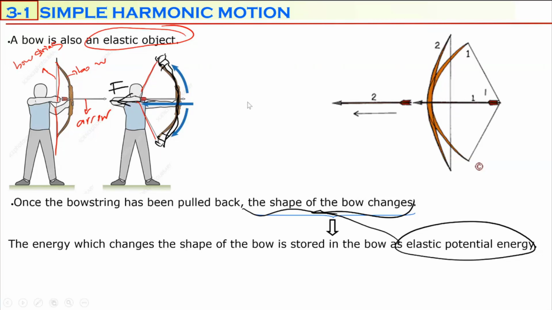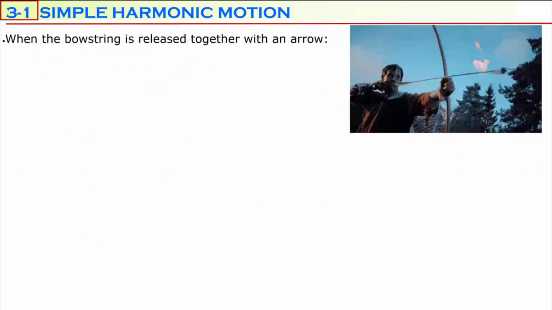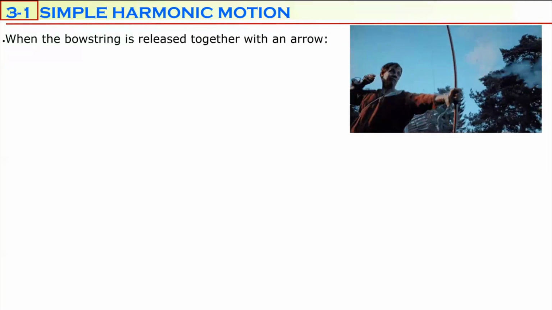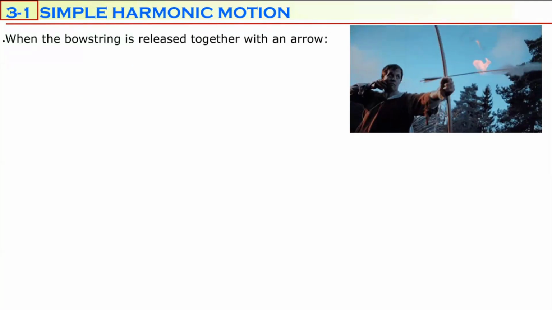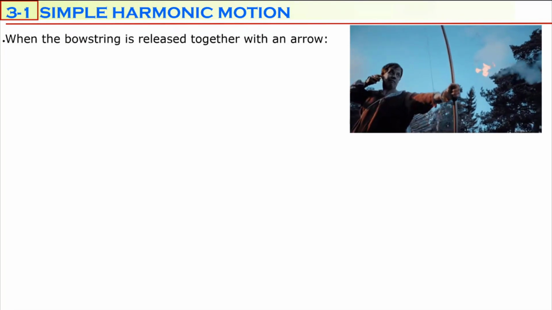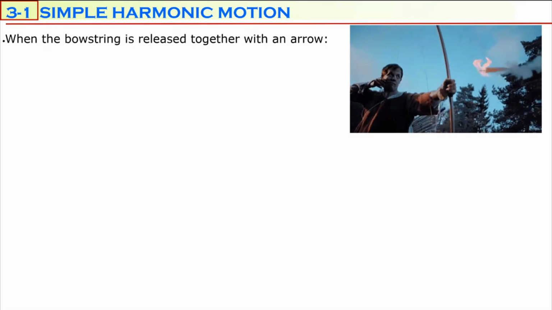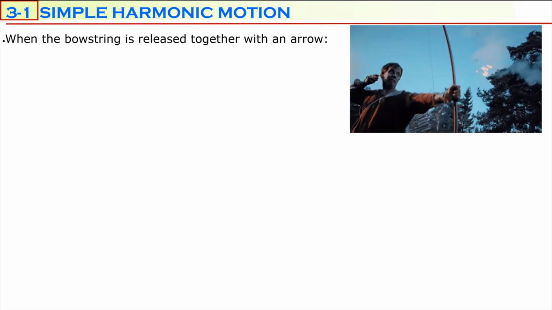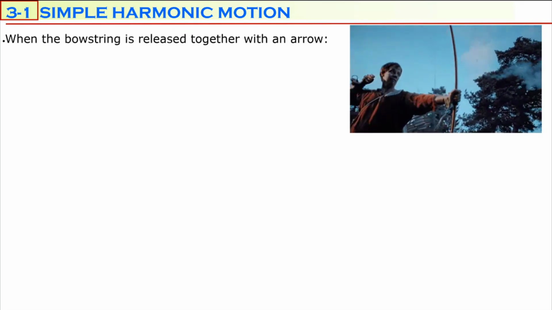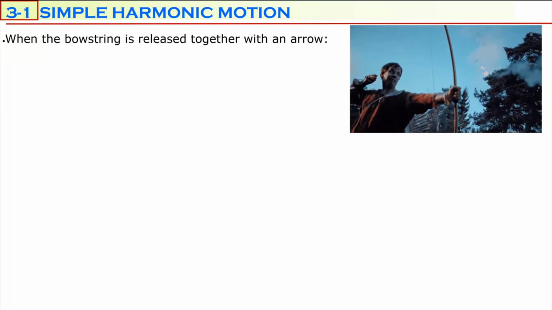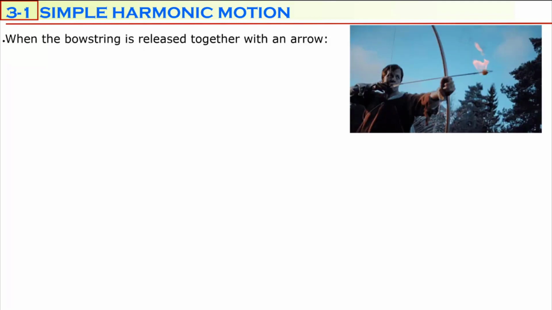But what will happen if this man releases this bowstring and arrow? So if bowstring is released, of course bow will take its original shape. If an elastic object takes its original shape, what will happen? So it will release all this elastic potential energy, and this elastic potential energy will be converted to kinetic energy of the arrow, bow, and bowstring.